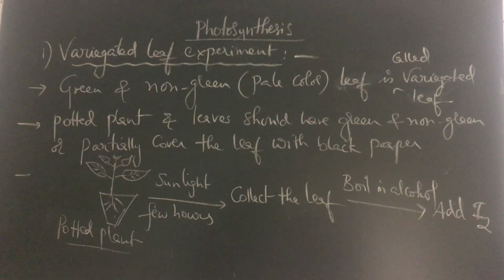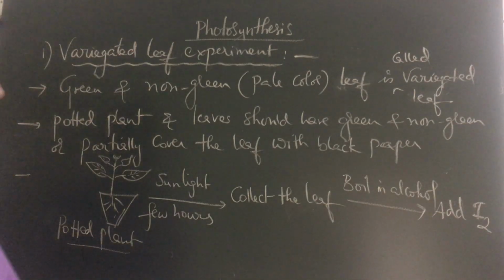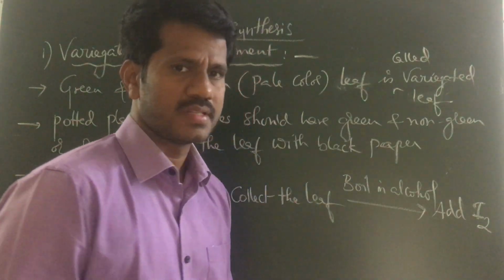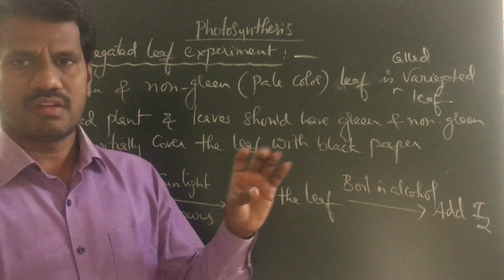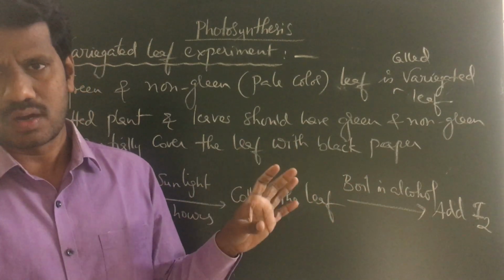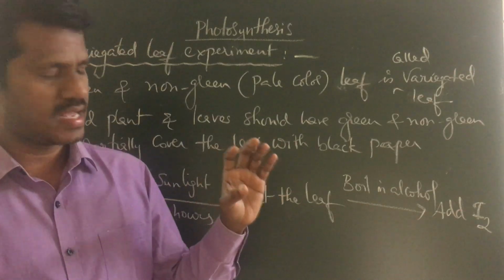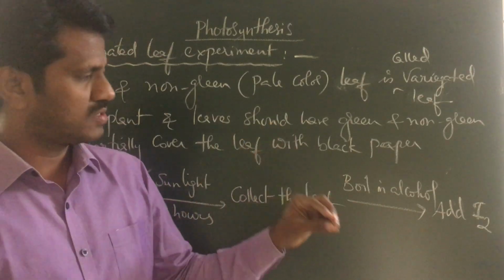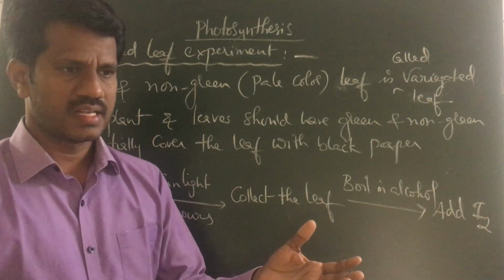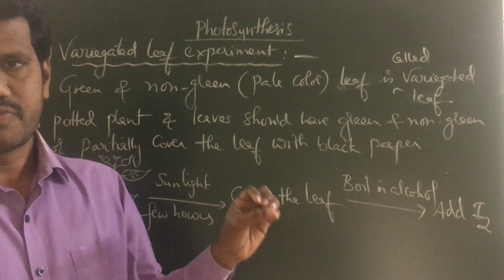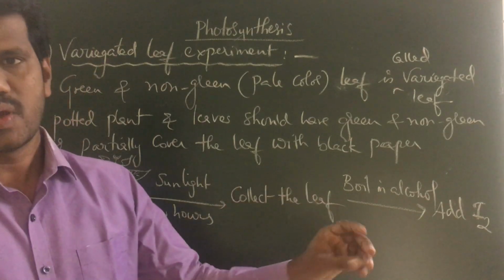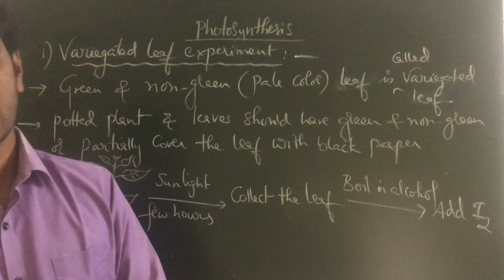So when you add the iodine, if you boil it in alcohol and add it, what happens? The alcohol softens the cell membrane, cell wall, and cuticle if present. Then it easily allows the iodine to penetrate into the leaf, so that the starch present in the mesophyll cell reacts to give the blue color.